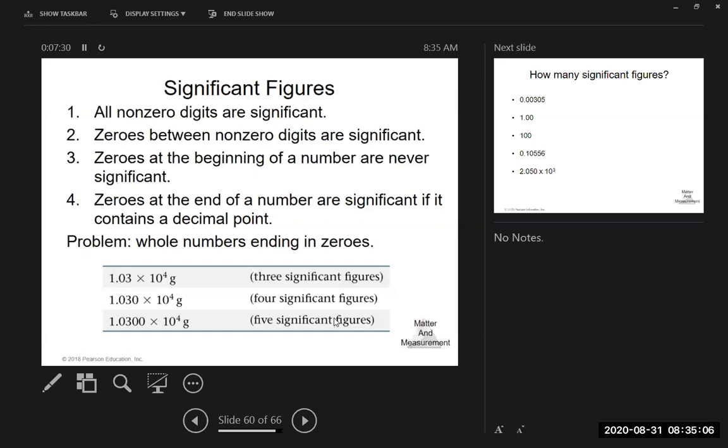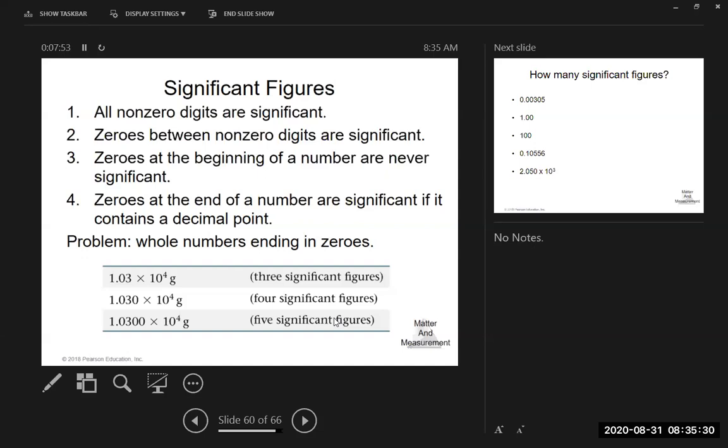And then 1.030 times 10 to the 4th, we're saying that has 4 significant figures. Why is that last 0 significant? Well, it's because the decimal? Because it contains the decimal? Right, it's after that decimal, because of that decimal.